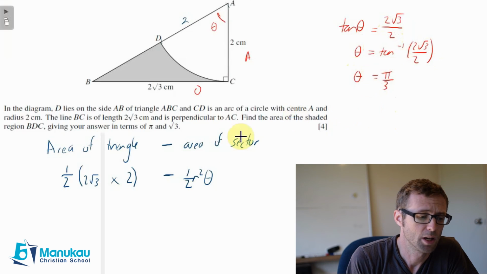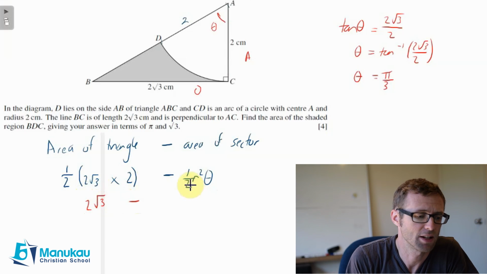And now we can pop all of the data into here. Well, half of 2 is 1, so the area of the triangle is 2 square root 3 centimetres squared. Then we're going to subtract half r squared. Now r squared is 2 times 2, which is 4, so it's going to be half of 4, which is 2, and then we're timesing that by theta, which is pi over 3.